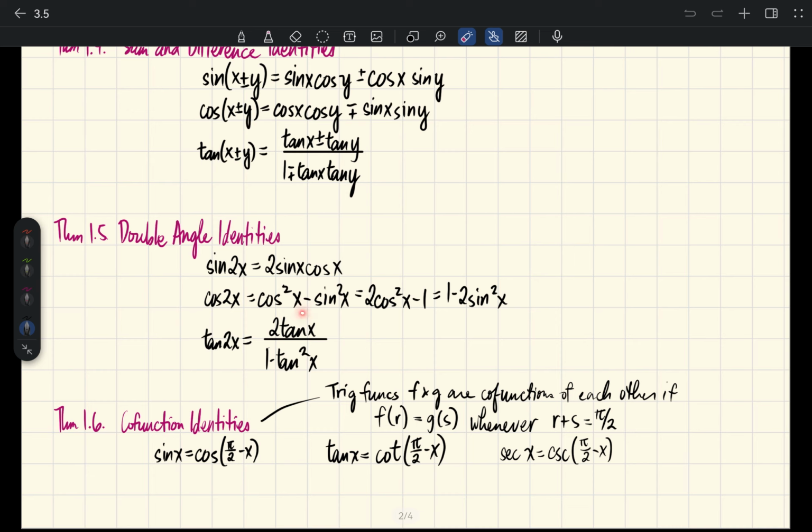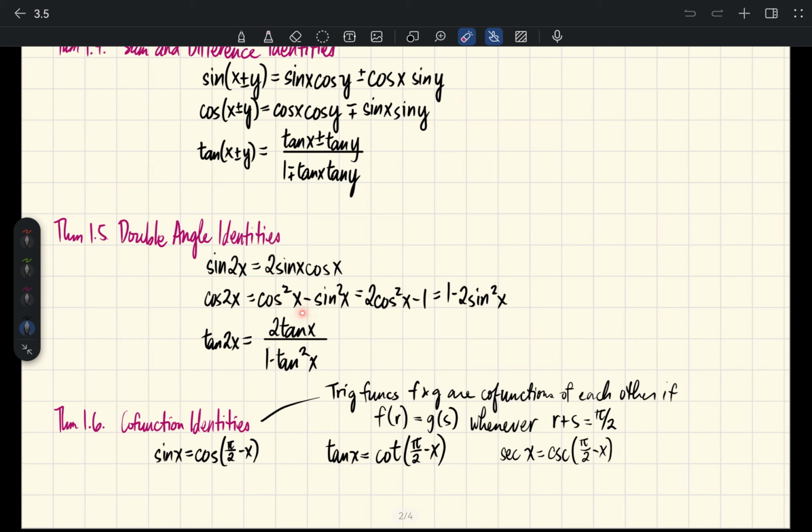Whereas in this part, since we use it at the very last, we were able to easily identify which form of cosine 2x we will use, which is this form, so that we can get rid of this term right here. Okay? So that's for number 2.